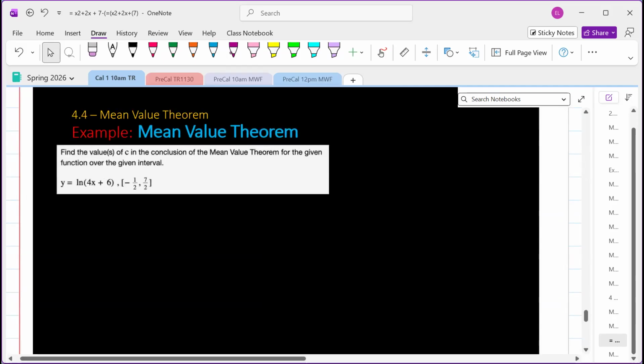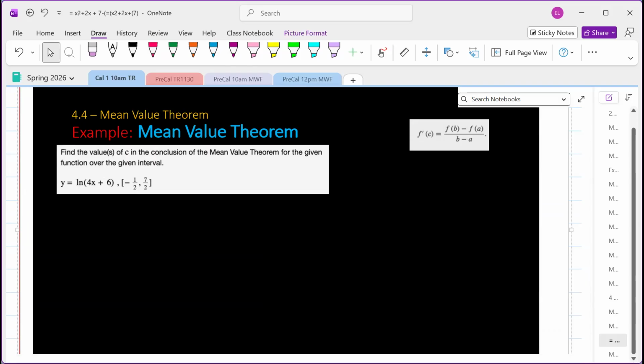All right, now our last example is a natural log. And our interval is from -1/2 to 7/2. Okay.